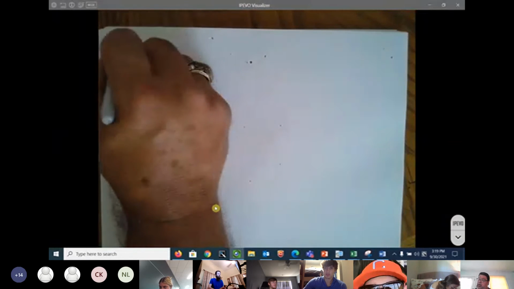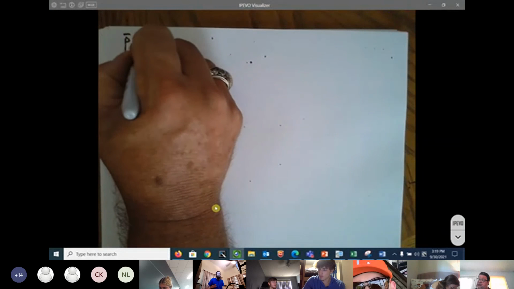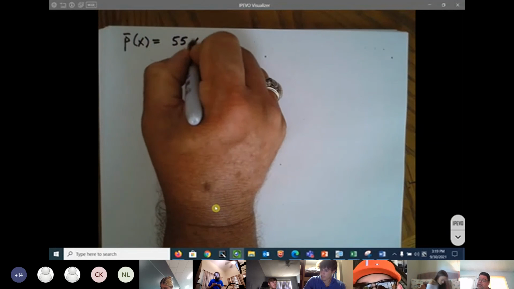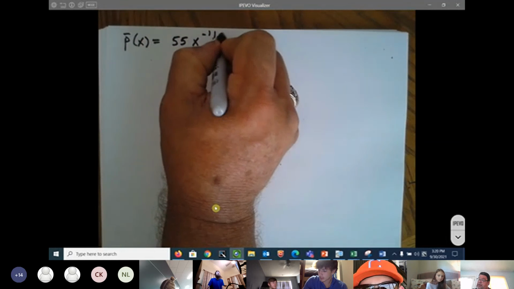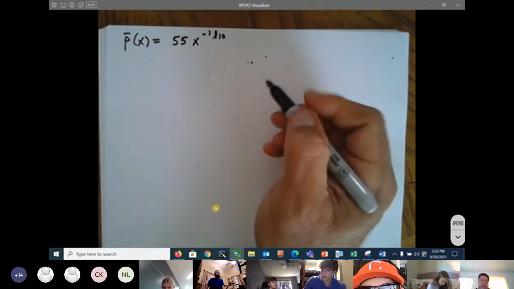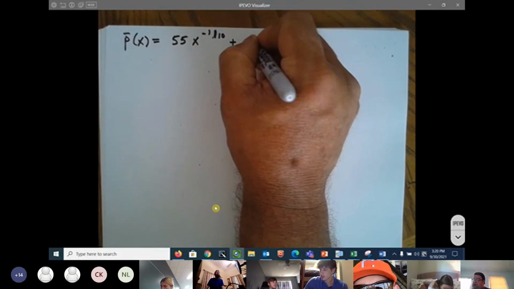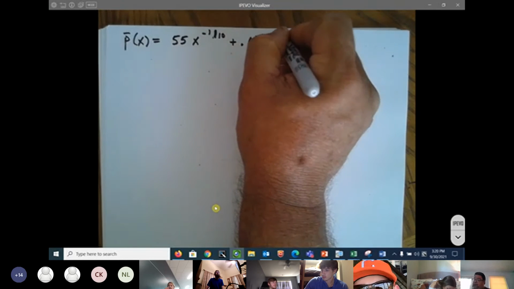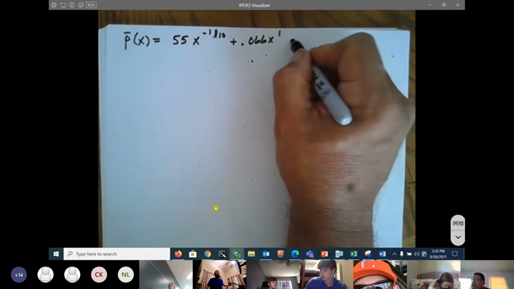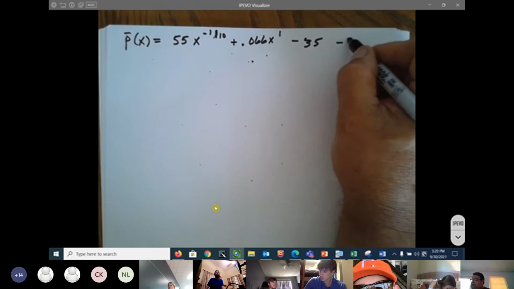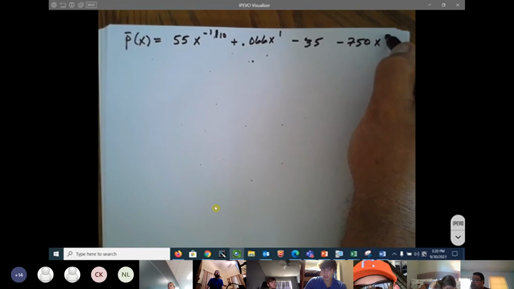So P hat of X is equal to 55 X to the negative 1/10 plus 0.066 X to the first minus 35 minus 750 X to the negative 1.